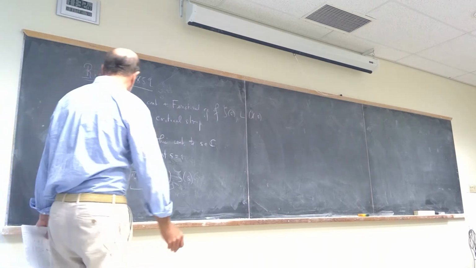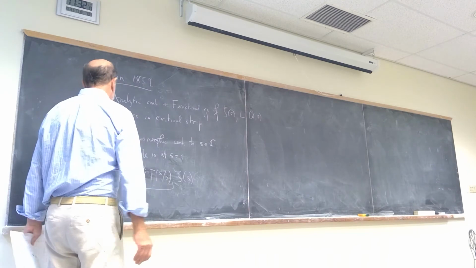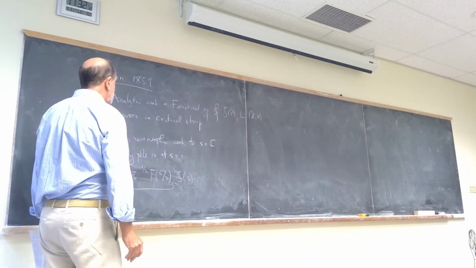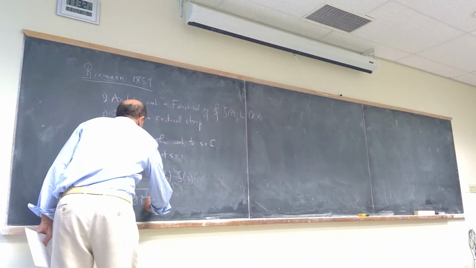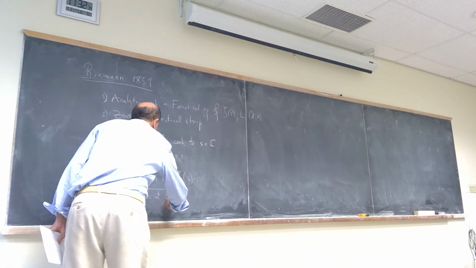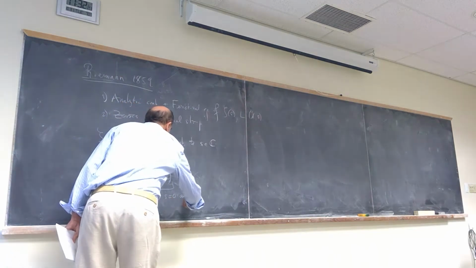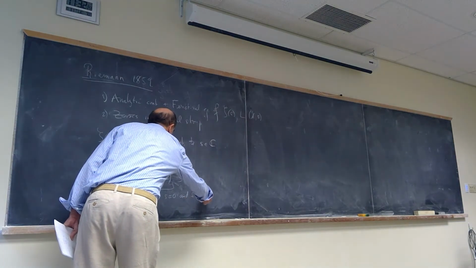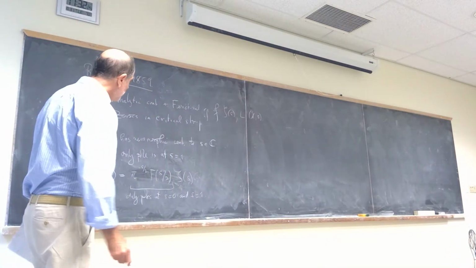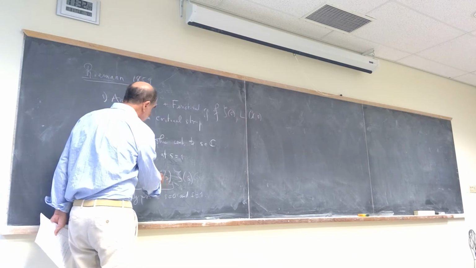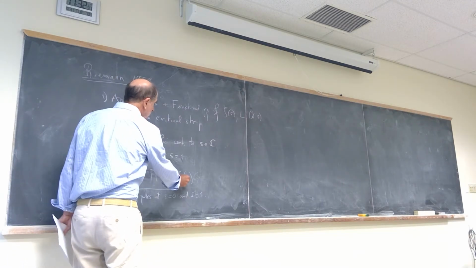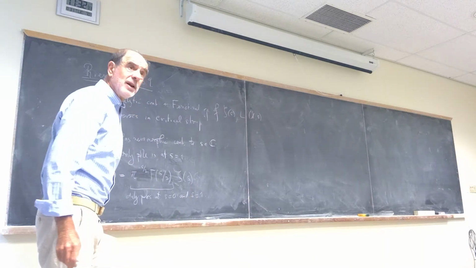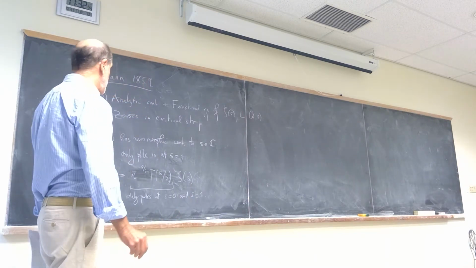What he proves is that this is meromorphic in the entire plane, and the only poles are at s equals 0 and s equals 1, which means, since the gamma factor has poles at all the negative even integers, that zeta must have zeros at the negative even integers, which is the case.